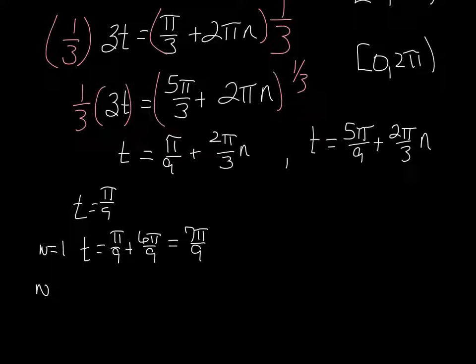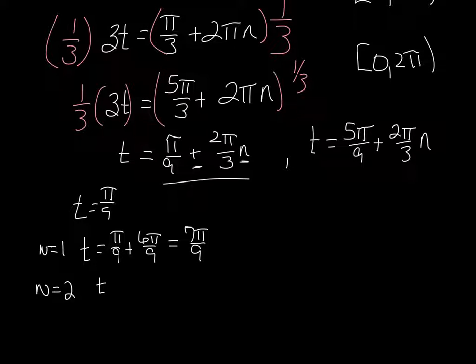Okay, if n is 2. But where did you get 6 pi over 9? That's 2 pi over 3 converted to ninths. It's plus this for different values of n.